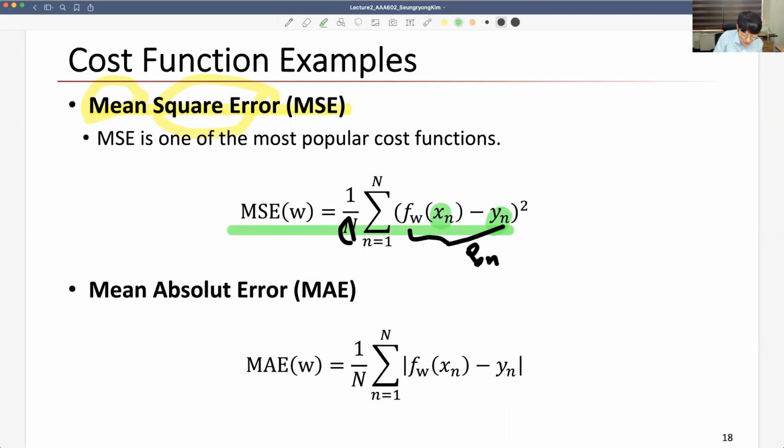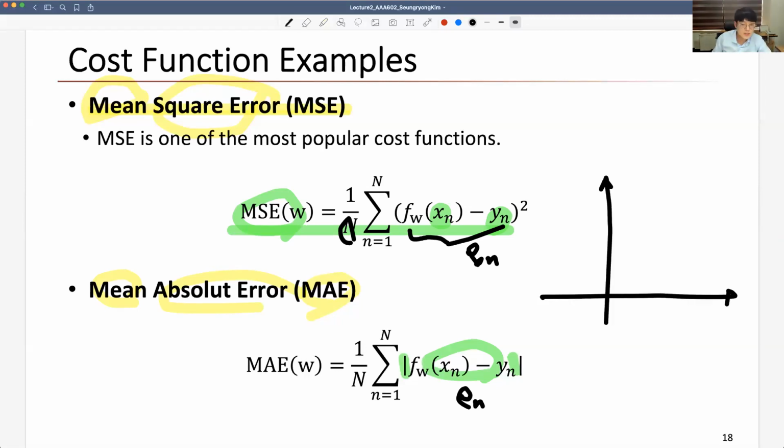So this is the definition of the MSE cost function, which is one of the most popularly used. Another example is the mean absolute error, or MAE. The main difference is that MAE just measures the absolute distance of this error.